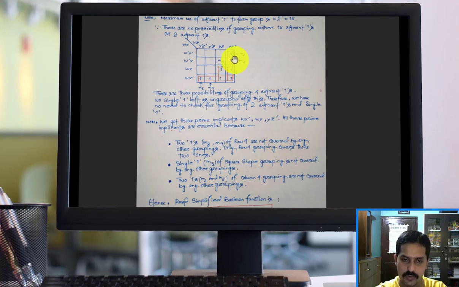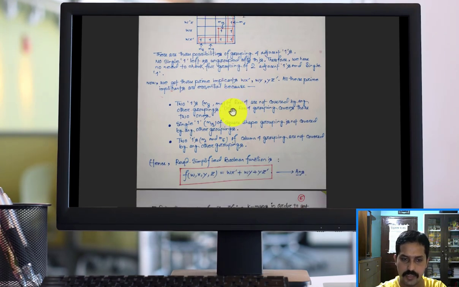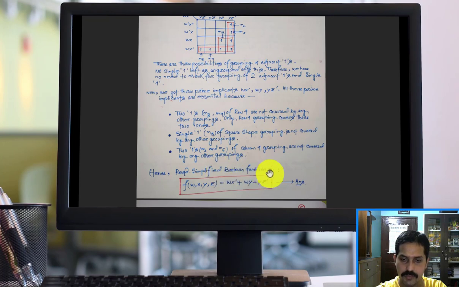Two ones, M2 and M6 of column 4 grouping, are not covered by any other grouping. Hence, the required simplified Boolean function is WX' plus WY plus YZ'. So f(W,X,Y,Z) is WX' plus WY plus YZ', right?